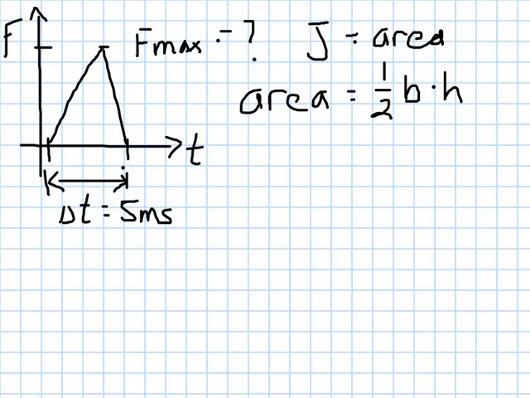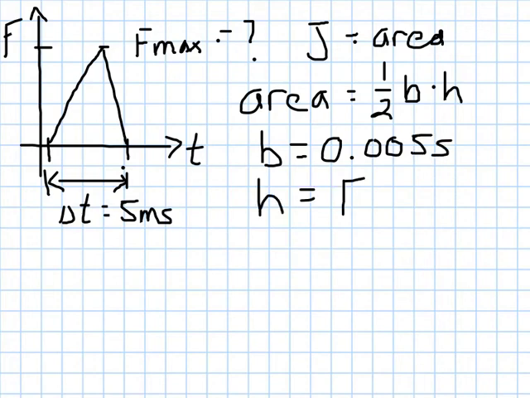Sometimes students are a little bit confused if that applies to all triangles, and it turns out that it does. You can kind of prove it to yourself by breaking up any triangle into pieces and putting it back together. So in this case, the base is going to be my 5 milliseconds, which was 0.005 seconds. The height in this case is F max.